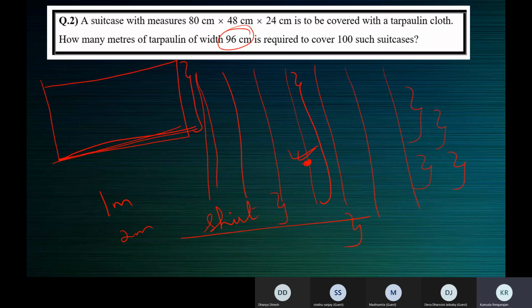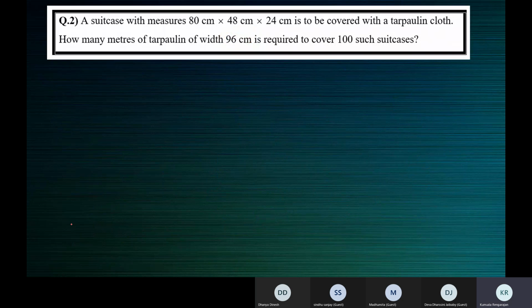You will request that from the shopkeeper. So everywhere you will be specifying the length of the fabric. Get 3 meters for the top, get 2 meters for the bottom. Okay. So now coming back to the question.